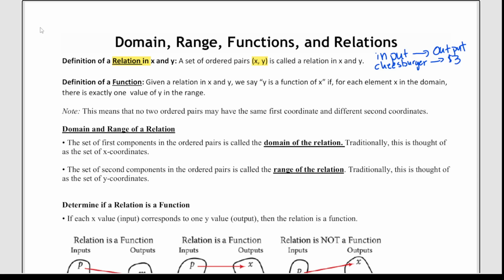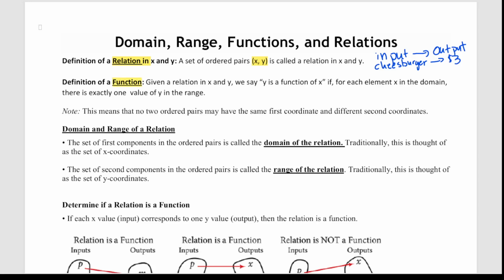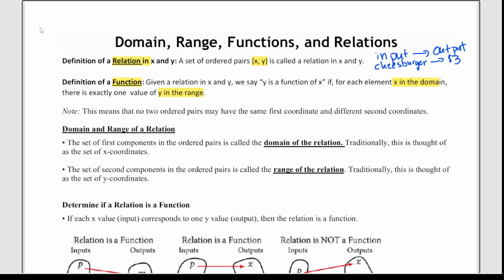A relation is specifically a function if every x in the domain has exactly one value of y in the range. So let's break that down a little bit. In particular, on a standard function, you take elements of the domain, aka your input, and map them to elements of the range, aka your output.